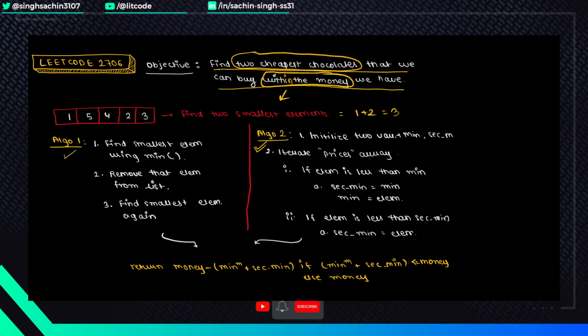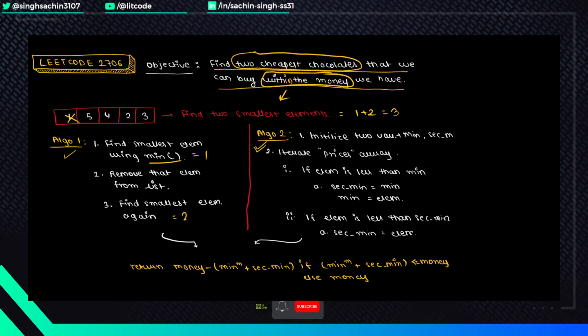So I'm discussing algo 1, or approach 1, right now, in which we can find the smallest element from the array using the min method. So you'll get 1, right? After that, we can just remove this element and look for the next smallest element, which is 2.